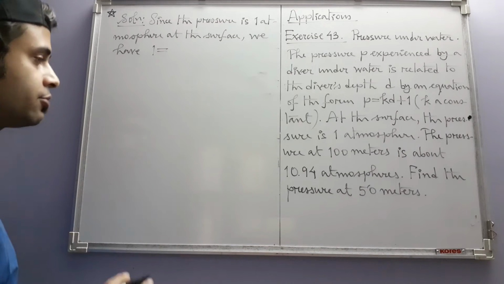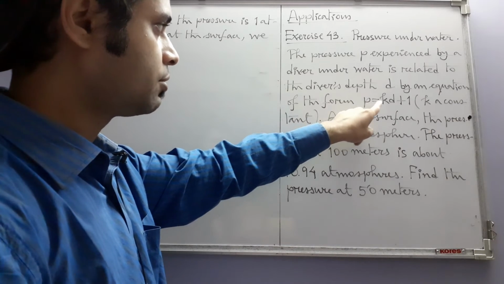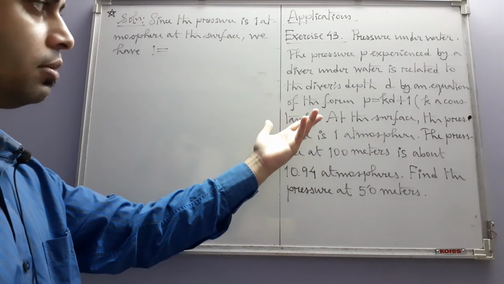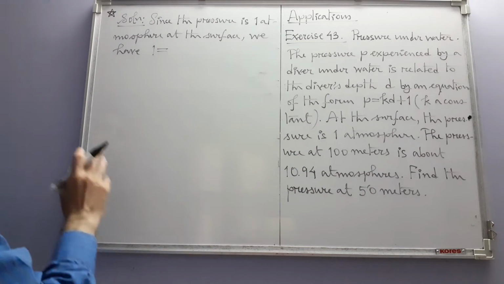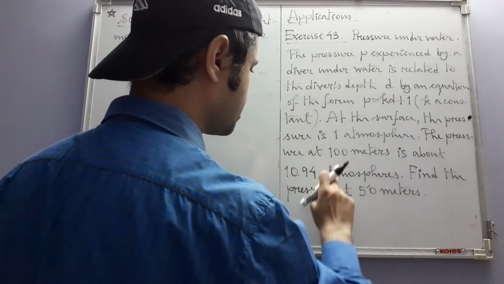Oh, so that actually does not give us anything, no? If we put P equal to 1 and D equal to 0, we just get an identity, 1 equal to 1. So this does not help us. This part will help us.